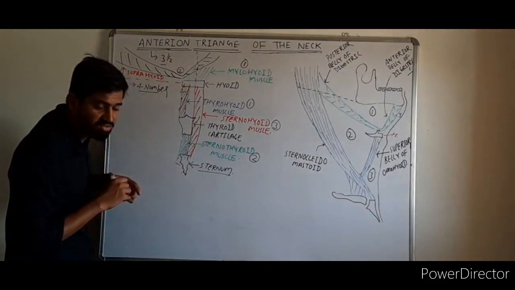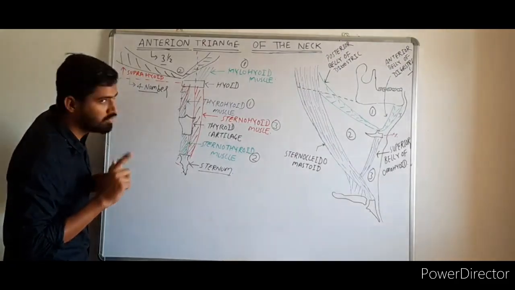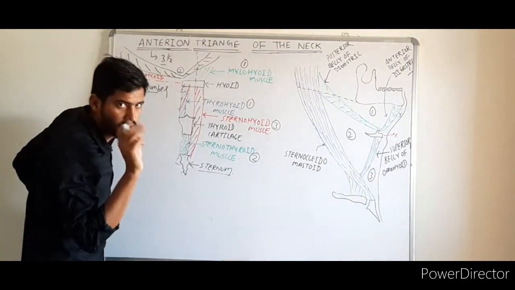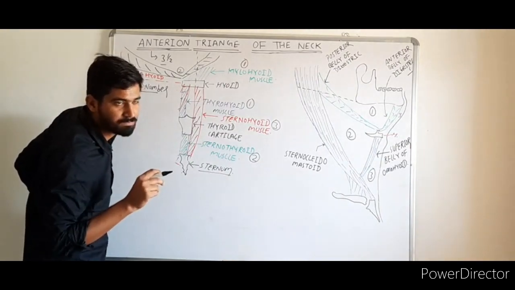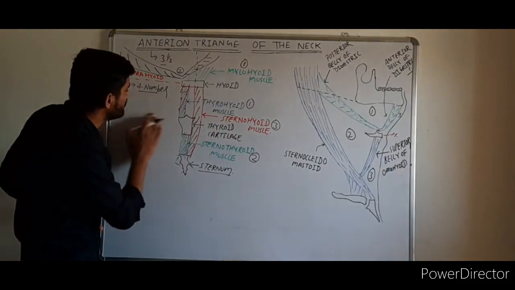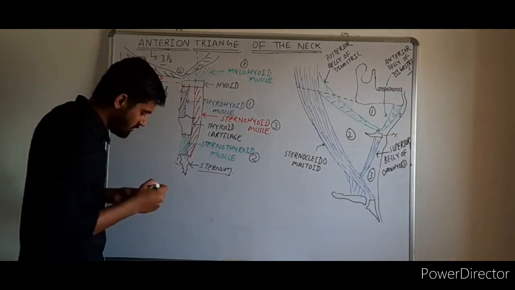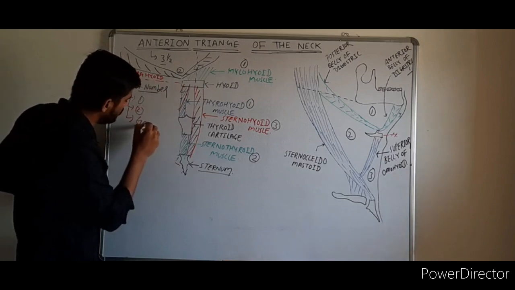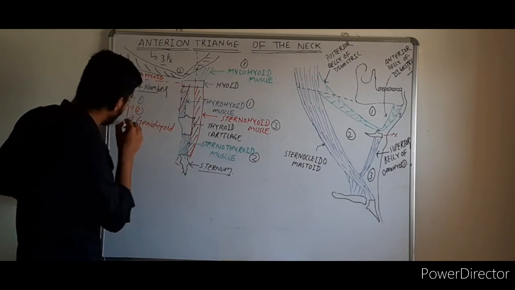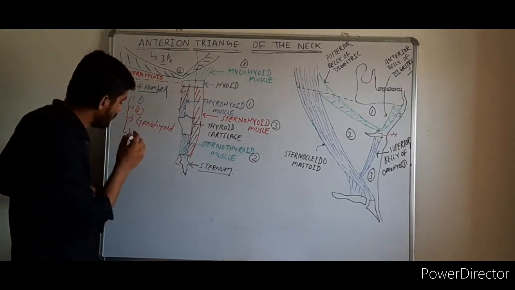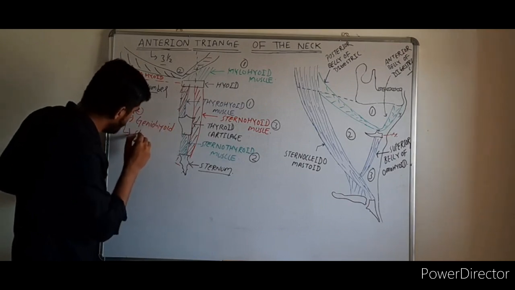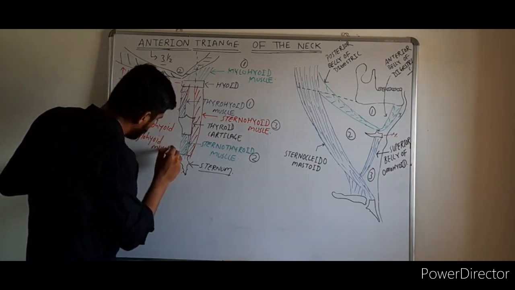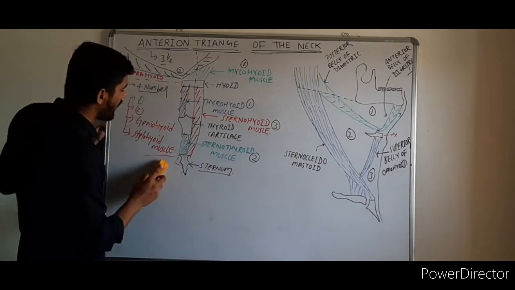I explained the styloid process first, and in that I told you one muscle from the styloid to the hyoid, the stylohyoid muscle. So the third muscle is the geniohyoid, and the fourth muscle is from the styloid process to the hyoid, that is the stylohyoid muscle. These four are the suprahyoid muscles.